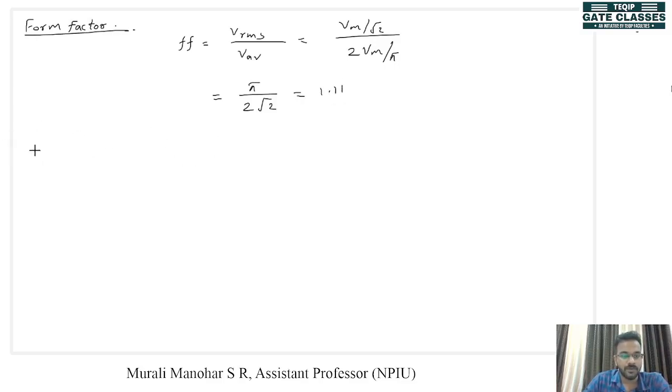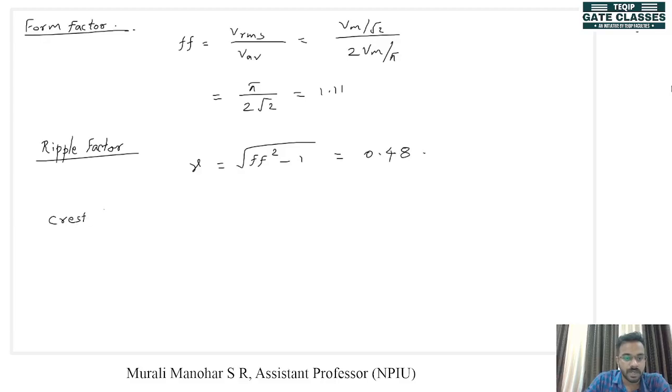Now, if we know form factor, we can find out the ripple factor. Ripple factor gamma is given by root of form factor square minus 1, and the value is 0.48.